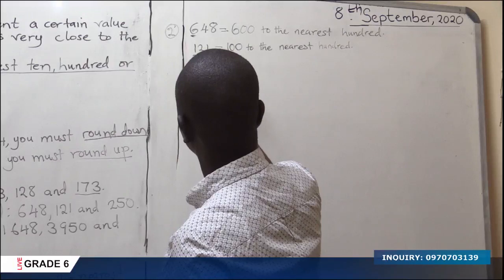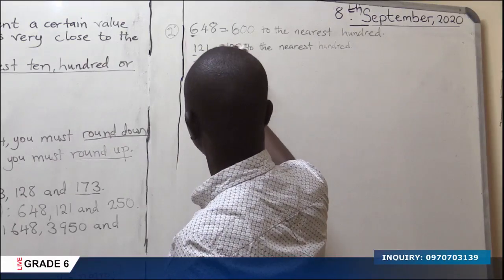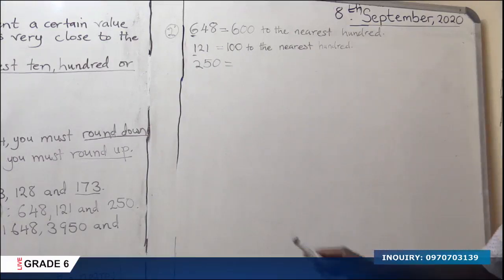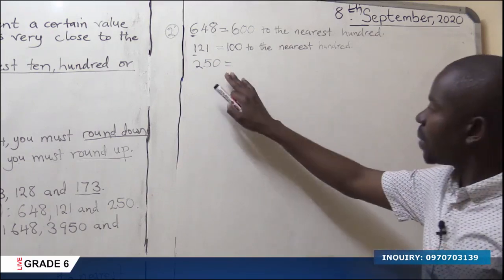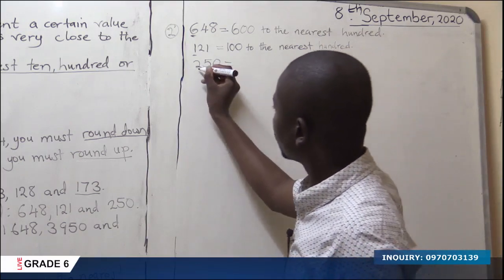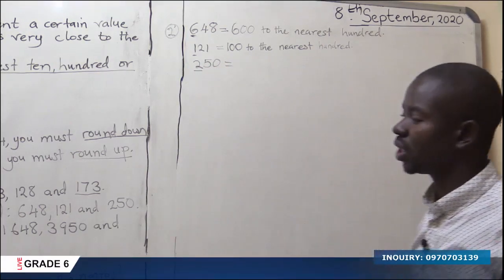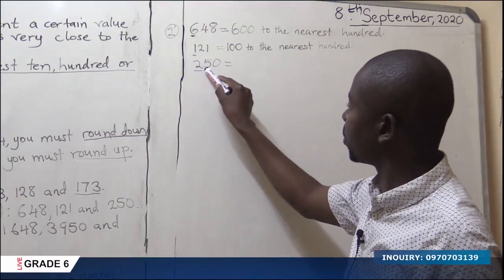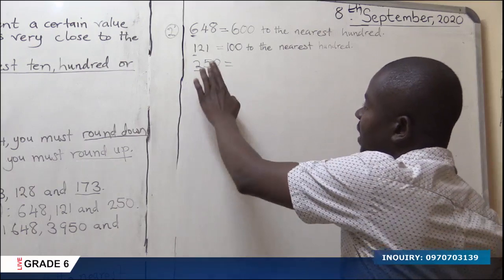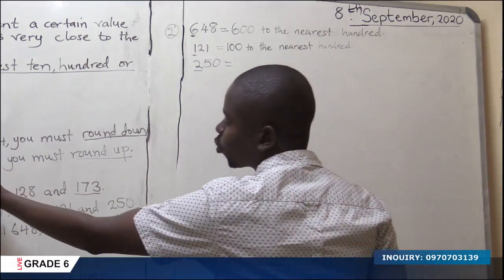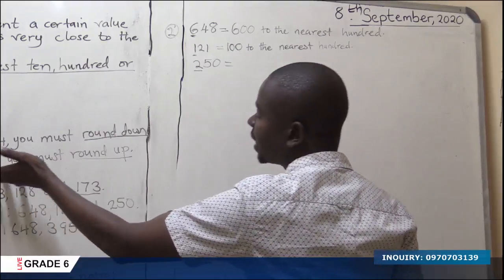Our next number is 250. The number that is in the 100th position is 2. If you check the next number there, it is 5, and 5 is between 5 and 9.